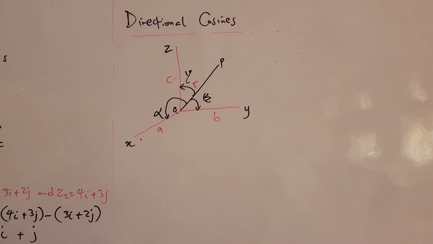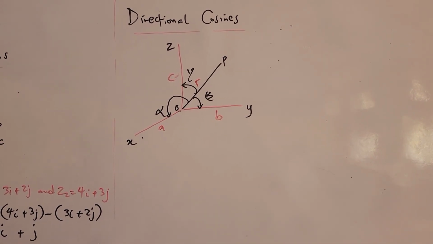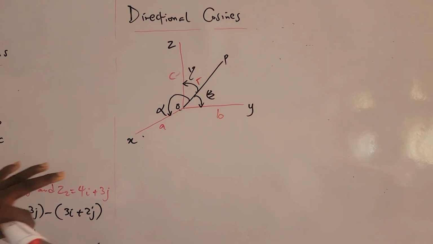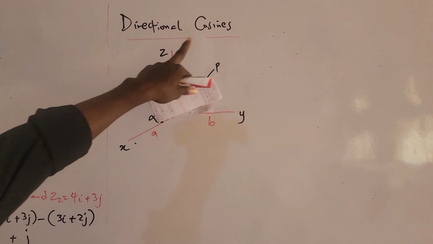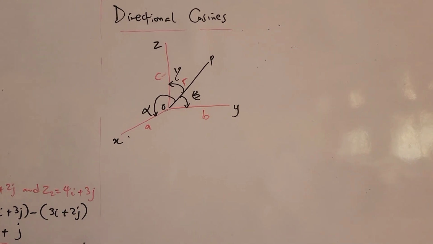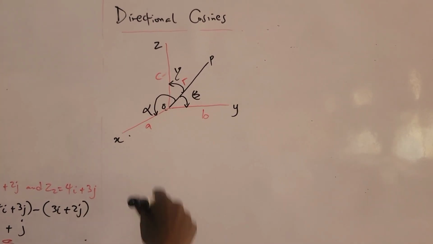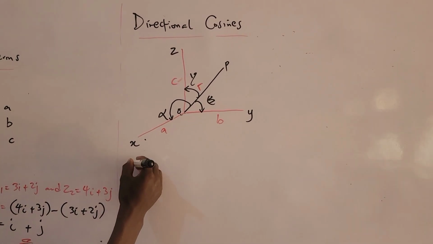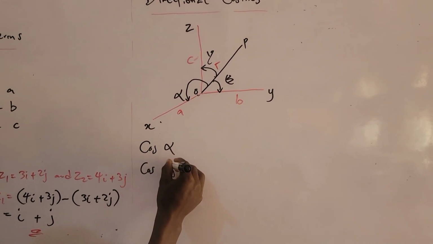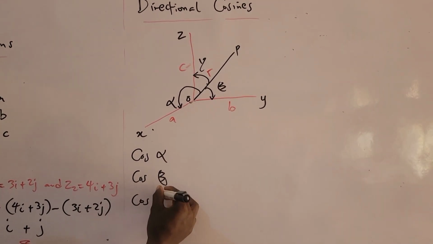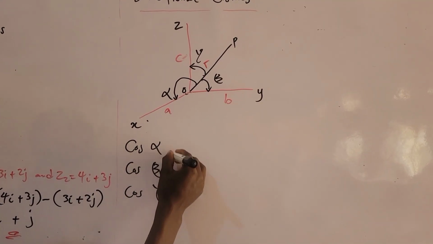So now we've represented them. We are going to be using the trigonometric function cos, because we are dealing with cosines here, as you can see, directional cosines. So we now define cos of each of those angles: cos alpha, cos beta, and cos gamma.